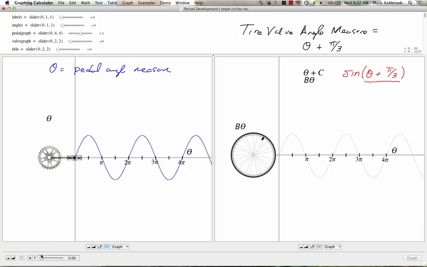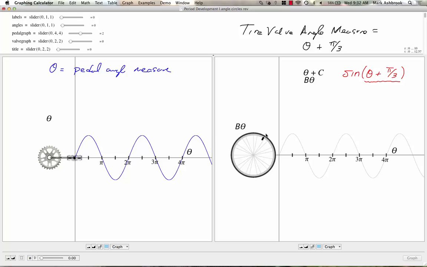So what will this graph look like? Now we want to graph the vertical position of the tire valve as a function of the pedal angle measure. How will the graph be shifted? Why to the left? It should make sense that it's to the left.